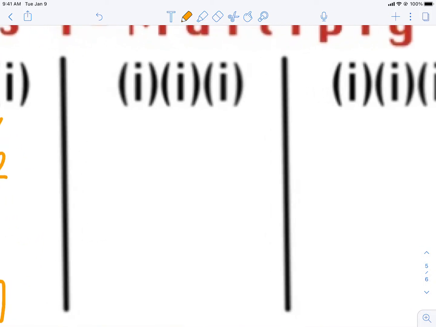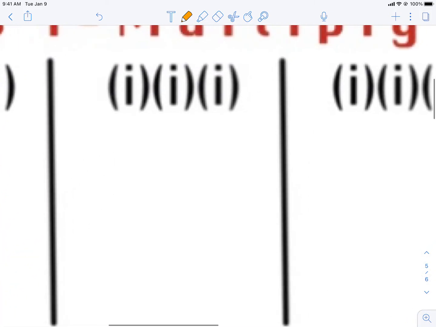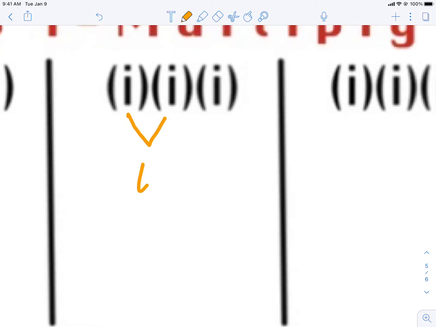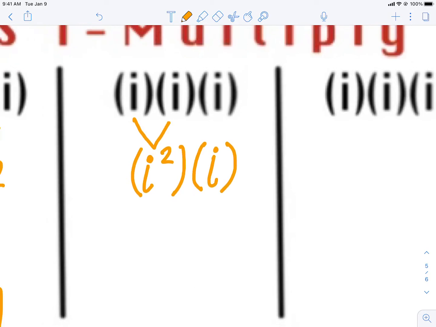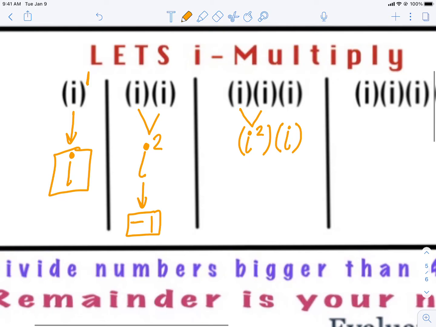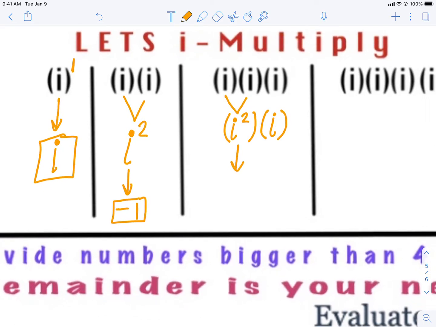So now we have 3 i's. Remember, 2 at a time only, always 2 at a time. So let's do these two. I times I is I to the power of 2. And I still have this other I that I'm going to bring down. Well, that's easy because I already know what both of those are. I squared is -1.